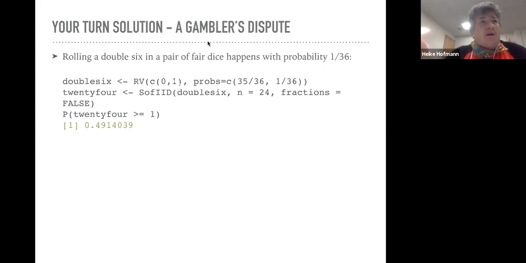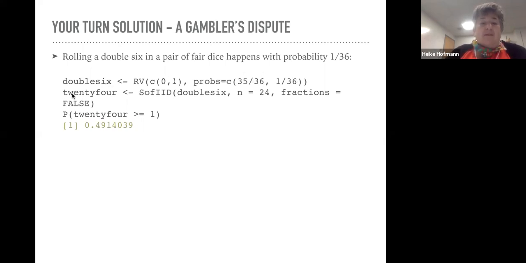We already know that when we've got a pair of fair dice, and we're not going to consider any other cases, rolling a double six has a chance of 1 in 36. So we're setting up this random variable with 2 outcomes, no double six and yes double six, with these probabilities.